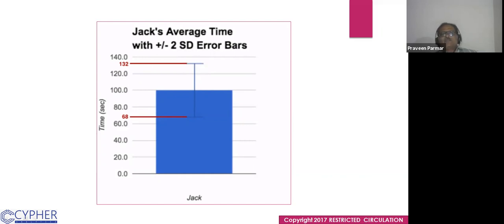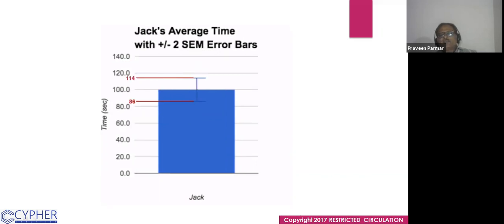If I make SEM error bars instead of standard deviation bars, then it would be like this. So it is a perfect measure that 95% of the time your mean would come between 86 and 144.